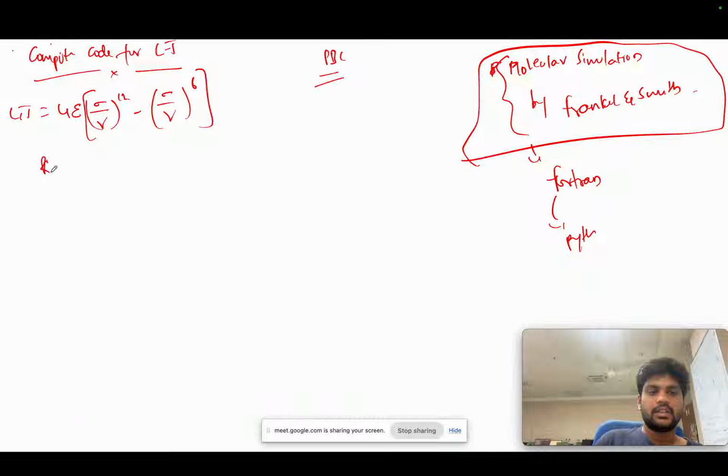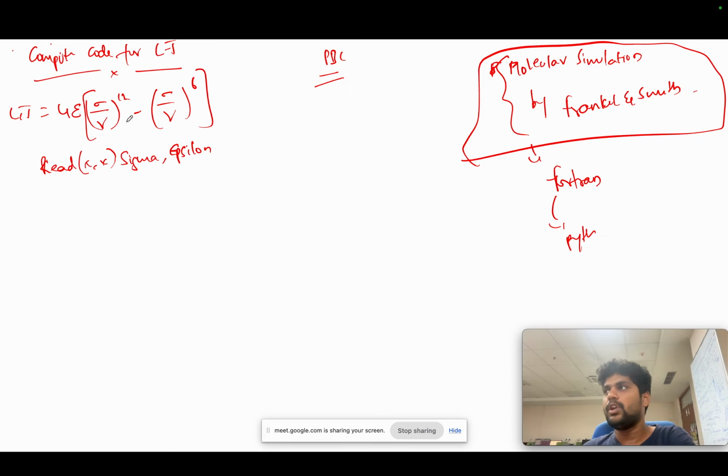We will read the values of sigma and epsilon, because these two are constant values. Whenever you take a molecule, we have the sigma and epsilon values, and then you initialize the value as 0. Basically in the Python code you write initially u equal to 0, and then you add the terms.